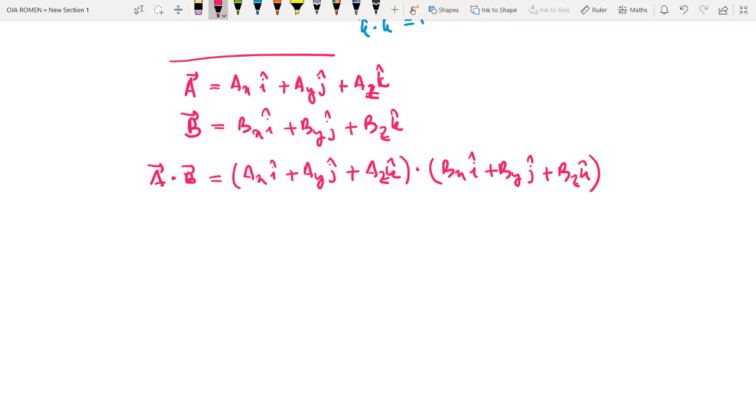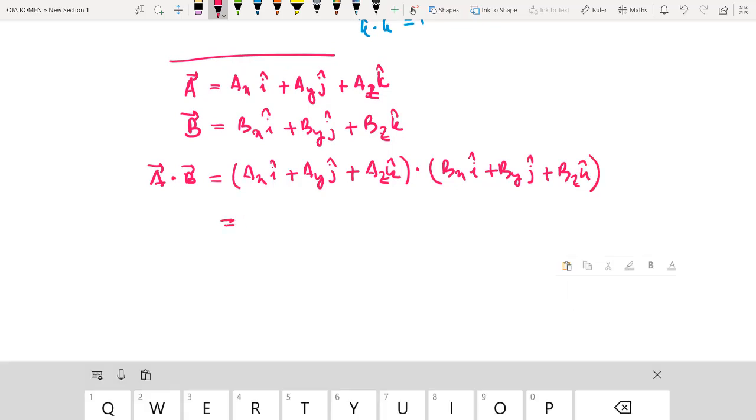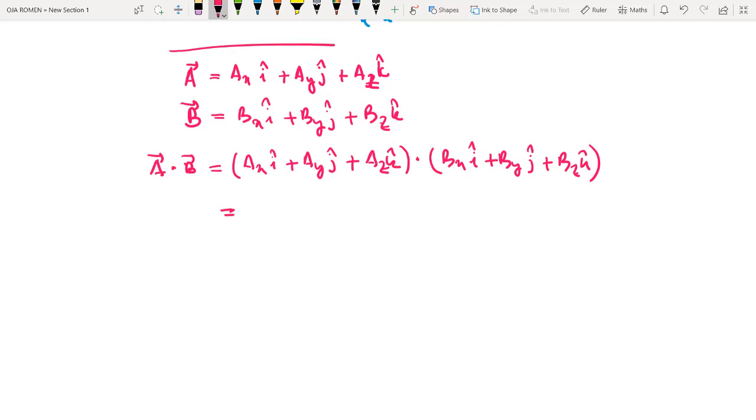By using the properties of dot product between unit vectors, we have AXBX plus AYBY plus AZBZ.